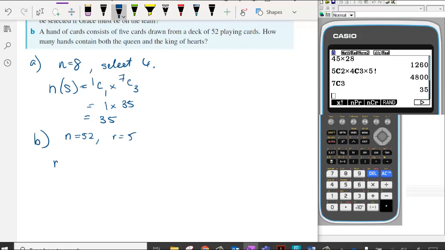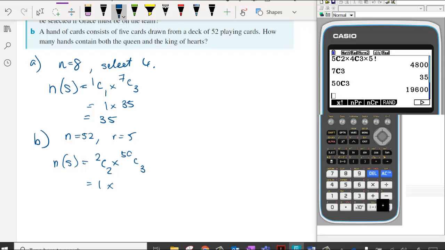So the number of selections is we must have 2, so 2C2, and that means we're left with 50, and we're choosing 3 of them. So that is 1 multiplied by 50C3, which is 19,600, and so there's 19,600 different ways that we could get a hand that contains both the King and the Queen of Hearts.